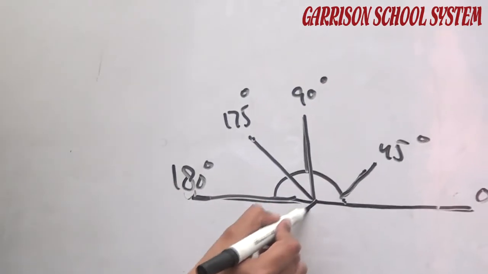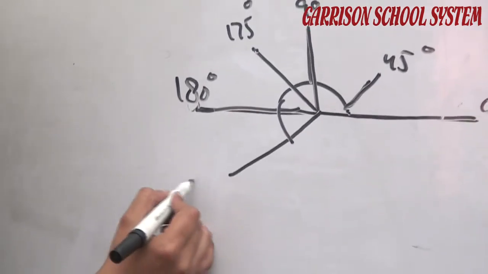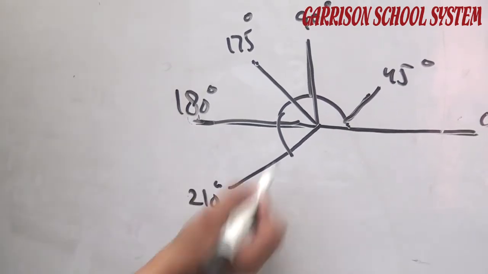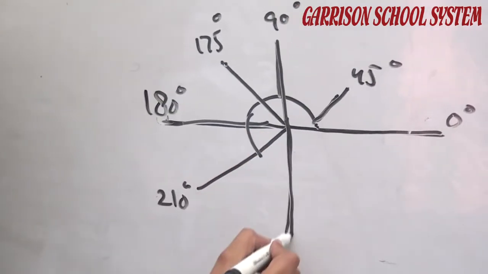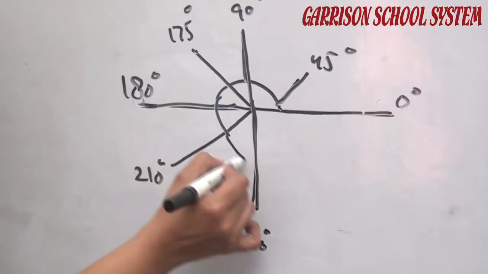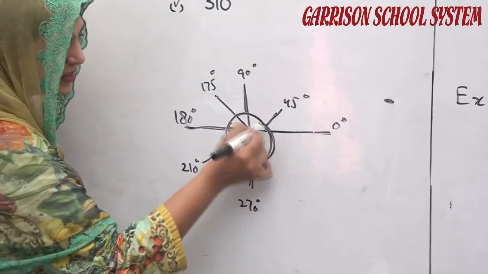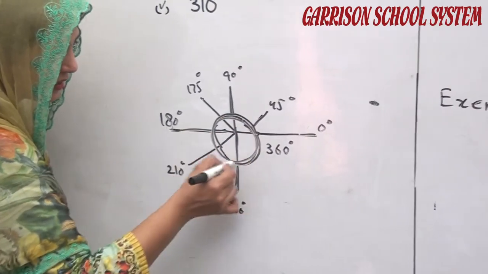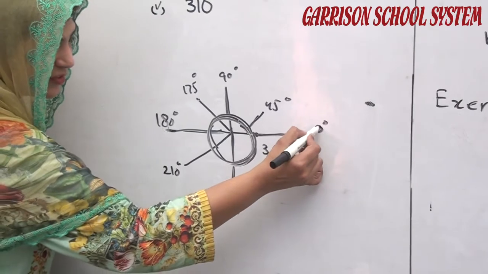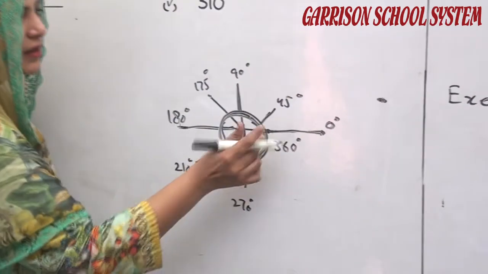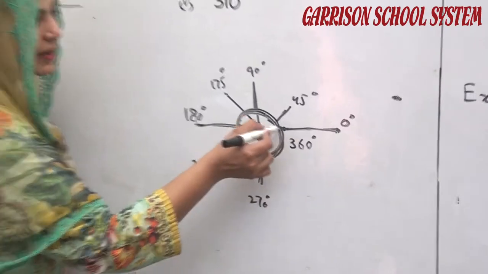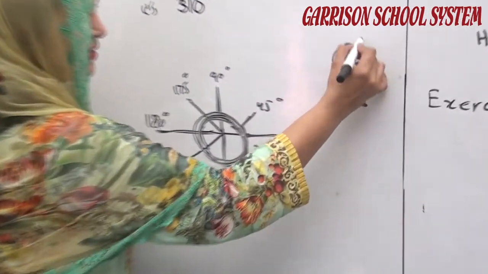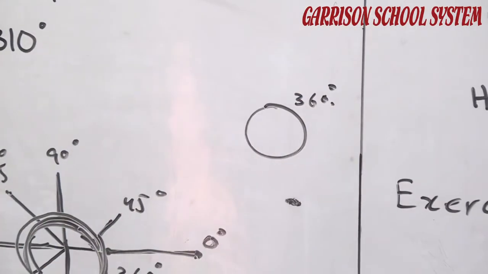In this way, when we come here, it will be greater than 180, maybe it will be 210. When we come here, it will be 270 degree, and when we complete the circle, the complete circle is 360 degree. When it comes again to this line, from 0 to 360 degree, the angle completes the circle. So we can say one circle is 360 degree.